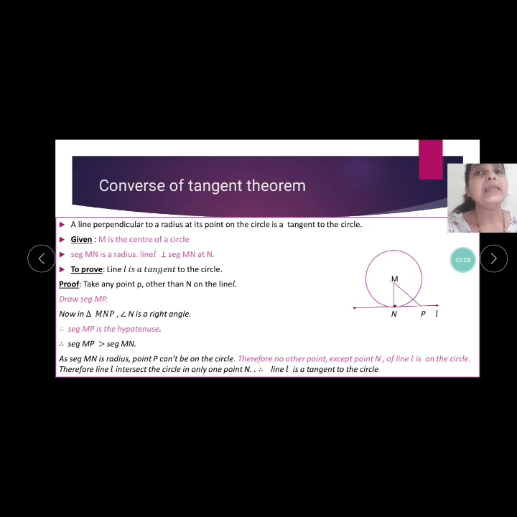Line L intersects the circle in only one point N. Therefore, line L is tangent to the circle. I hope I am clear. Now the next theorem is based on the tangents drawn from an external point being congruent.